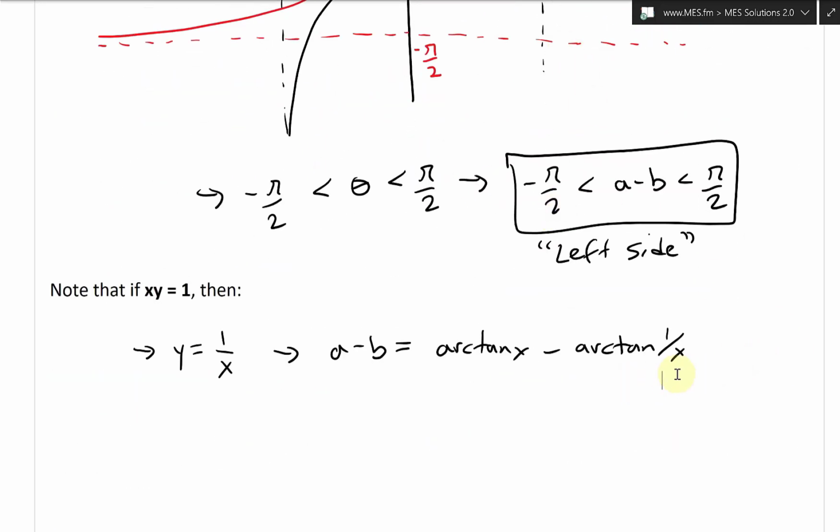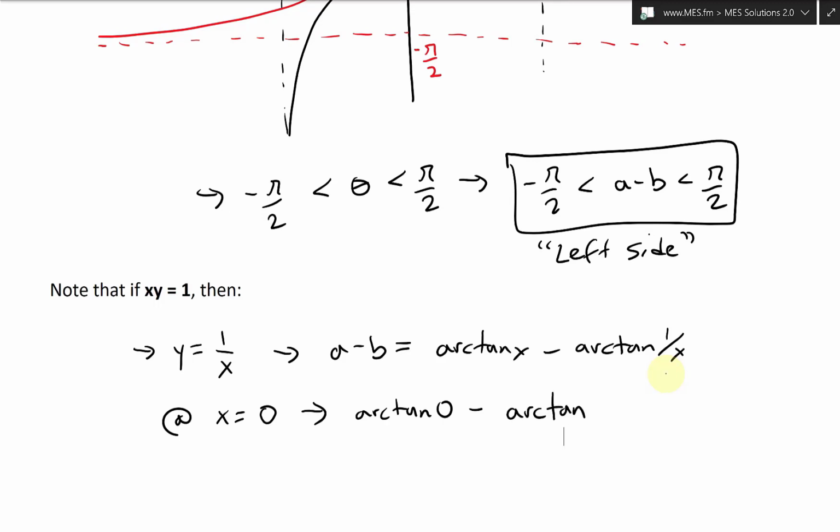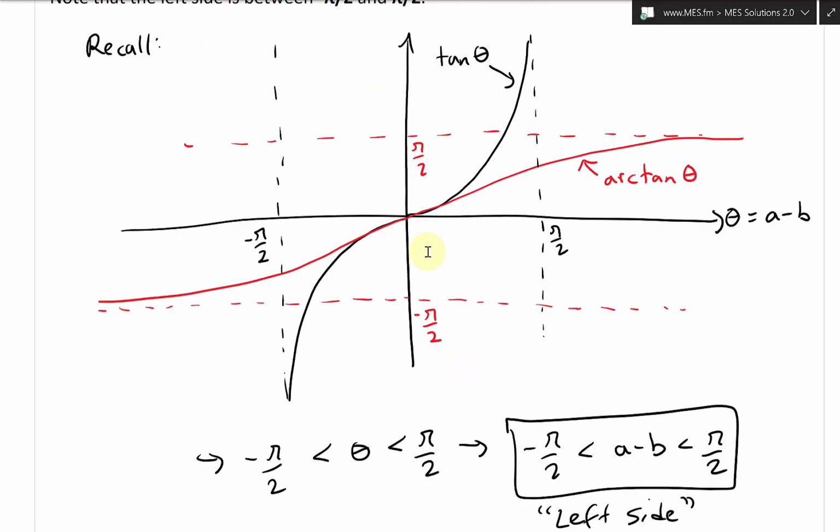So the issue here is at x equals 0, we're going to have an arctan of 0 minus an arctan of 1 over 0, which is going to infinity. In other words, it's approaching arctan of 0, and arctan of 0 is just 0.